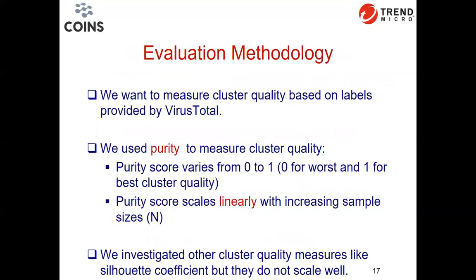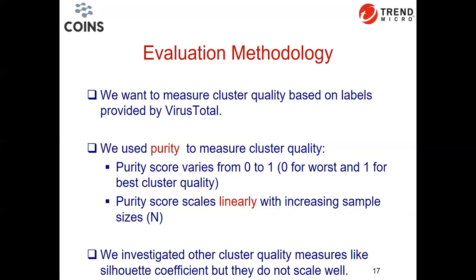Moving on to evaluation methodology. We wanted to measure clustering quality on a large number of samples. We are talking about millions of samples, so we evaluated up to 10 million. There are some challenges involved when we want to evaluate cluster quality with such a large sample space.